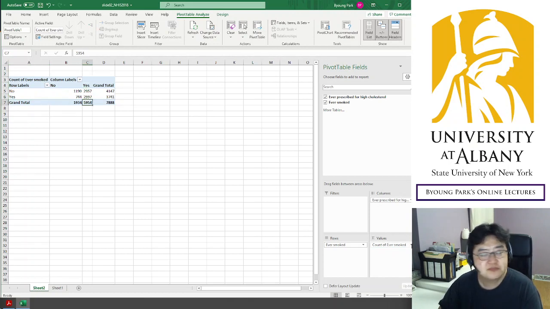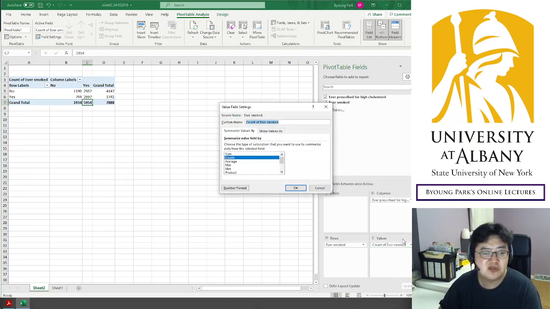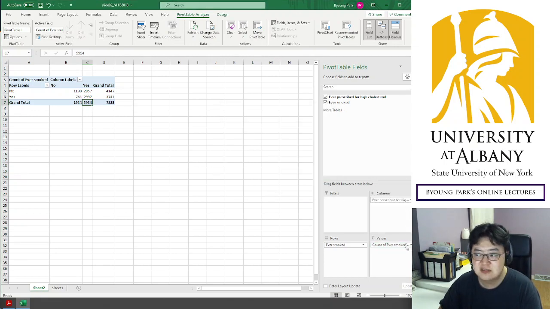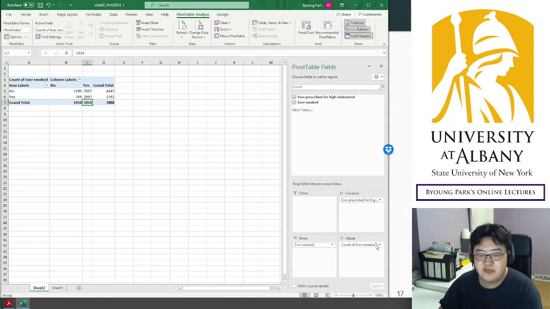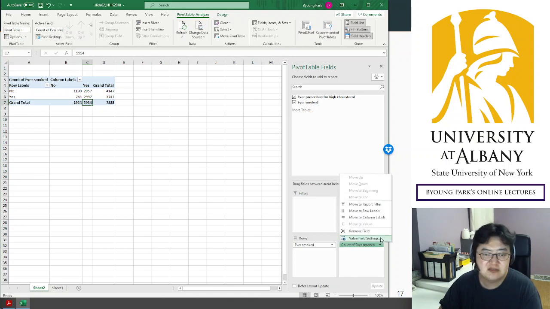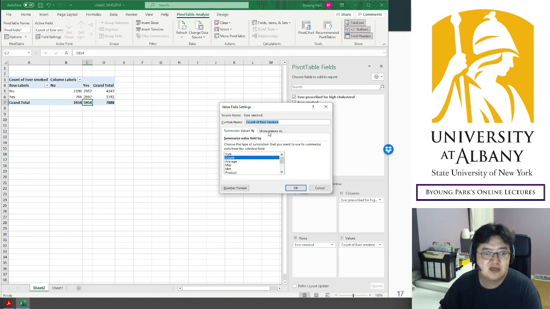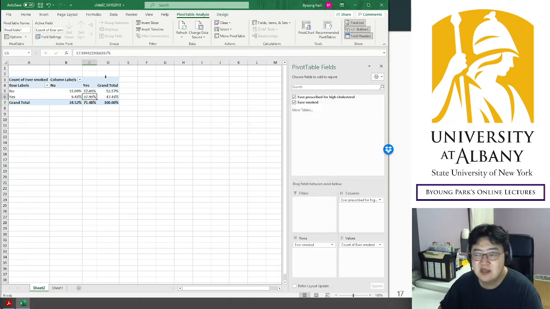We obtain the probability distribution table like this. Click the drag-down button, go to value field settings, and change show value as percentage. Then we obtain the probability distribution table. Of course, the summation of all four outcomes is 100%.